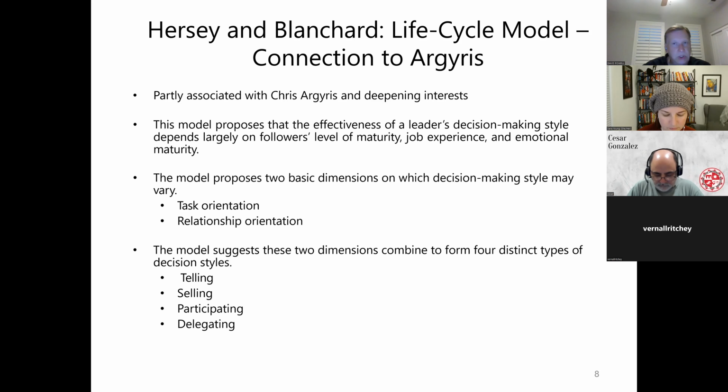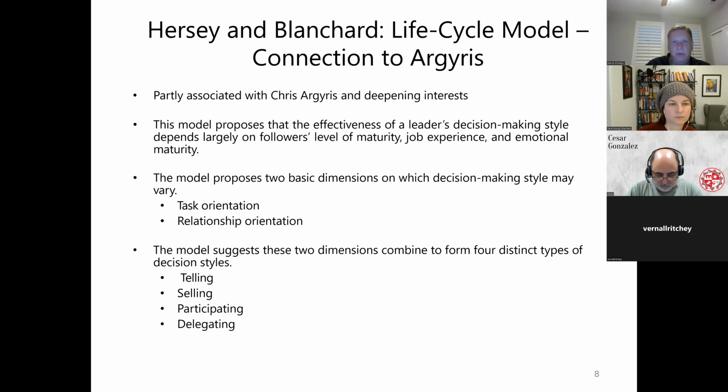They're emotionally mature, they know where they're going, they know what their goals are, so you don't have to necessarily direct them in what they need to do. Employees that don't have the same level of emotional maturity, who are not quite as far through their personal growth process, may need to be told what to do more. They may need more of what we call a telling type of approach, more of a directive type of approach to how you lead those individuals.